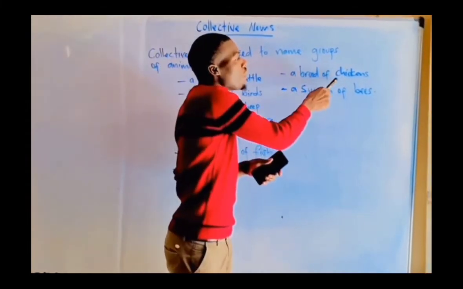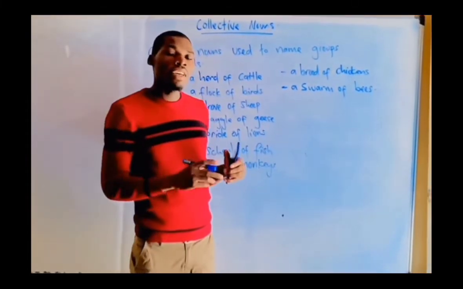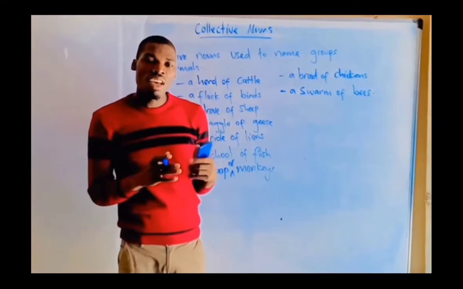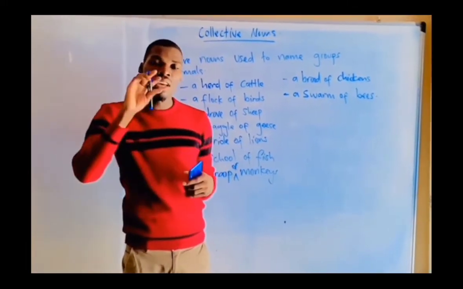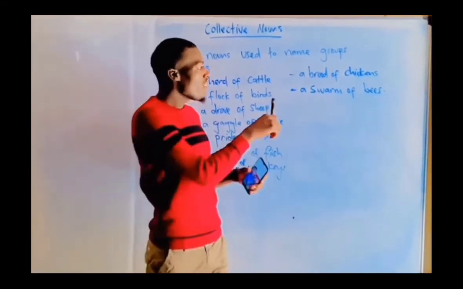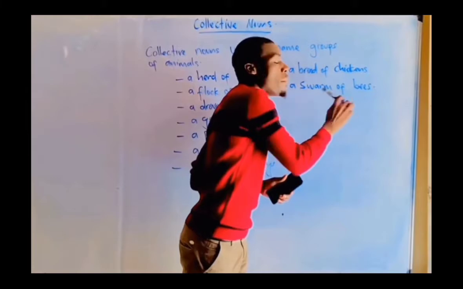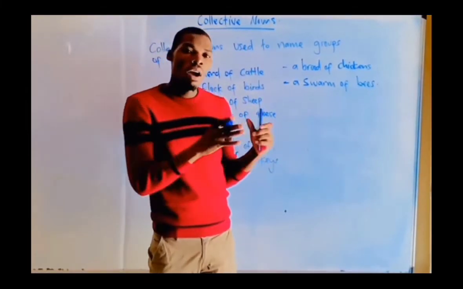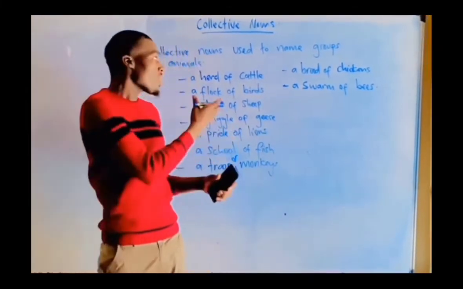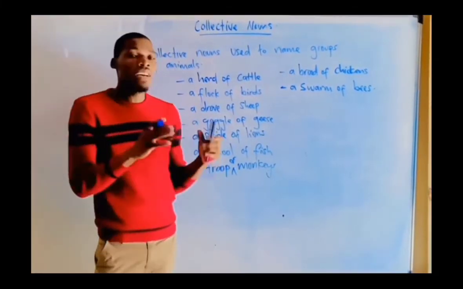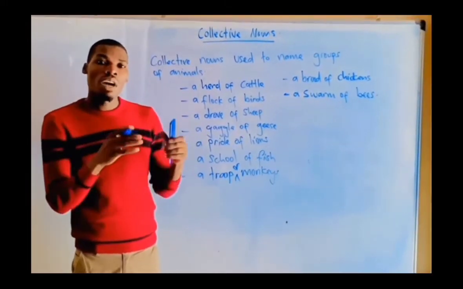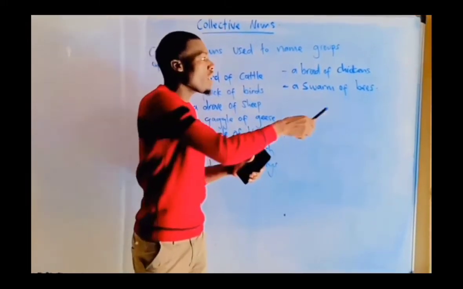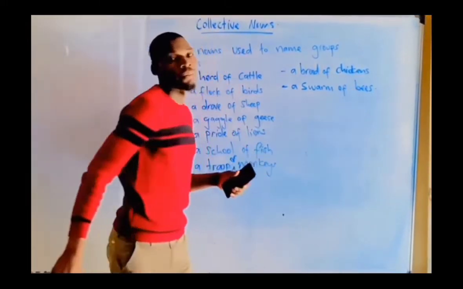A brood of chickens. Then a group of bees, we call it a swarm. A swarm of bees. So those are some of the collective nouns that name groups of animals. And we have some insects here.